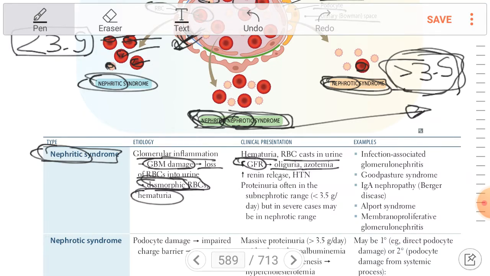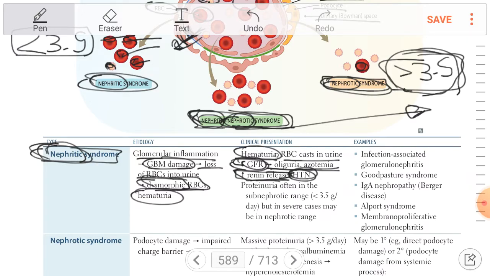Renin angiotensin aldosterone system. Aldosterone will cause what? Sodium reabsorption, potassium and hydrogen loss, sodium reabsorption, leading to hypertension. So in nephritic syndrome there is what? There is hematuria and hypertension, and there is decrease in the glomerular filtration rate, oliguria and azotemia, and there is a stimulation of renin release.